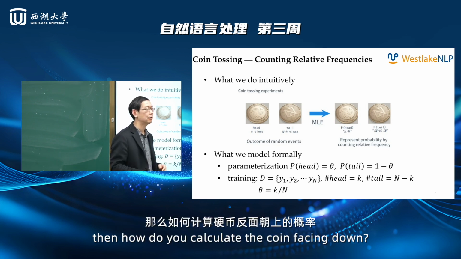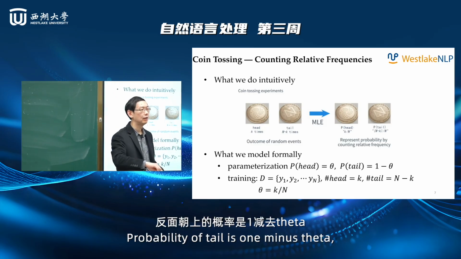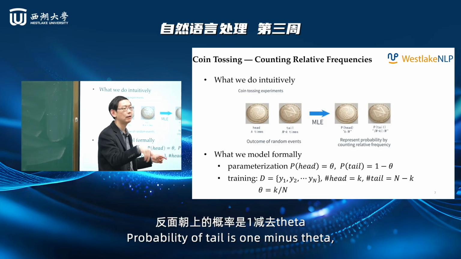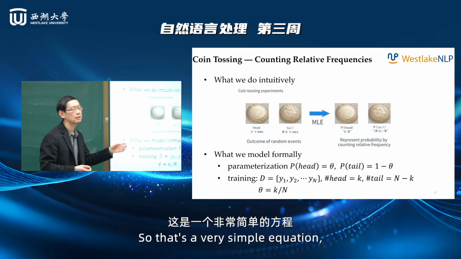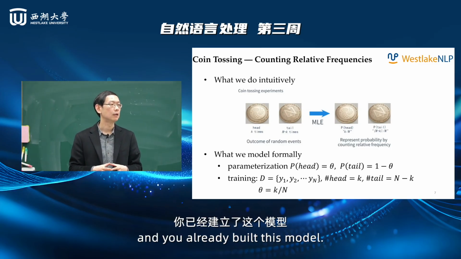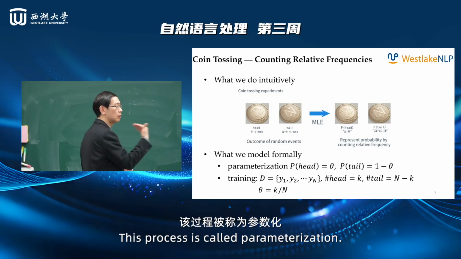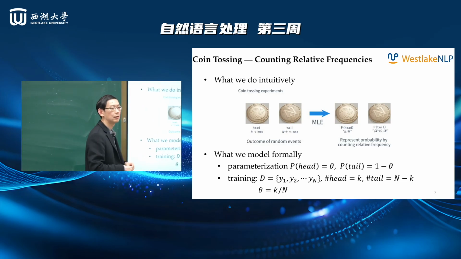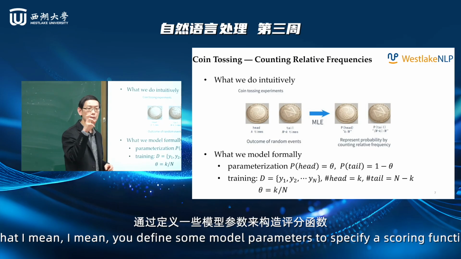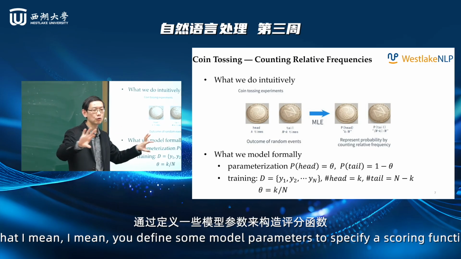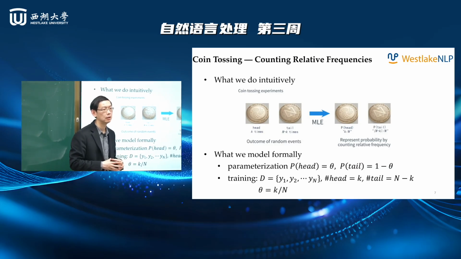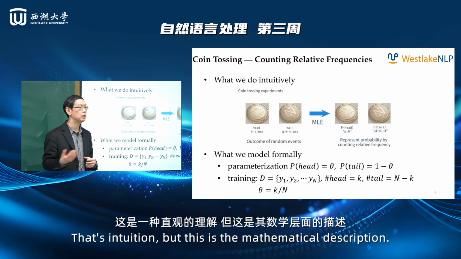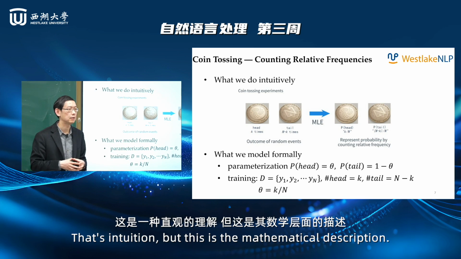Then how do you calculate the coin facing down? The probability of tail is 1 minus theta, because it's a probability distribution. That's a very simple equation, and you already built this model. This process is called parameterization. What I mean is you define some model parameters to specify a scoring function to calculate your target probabilities. That's the intuition, but this is the mathematical description.